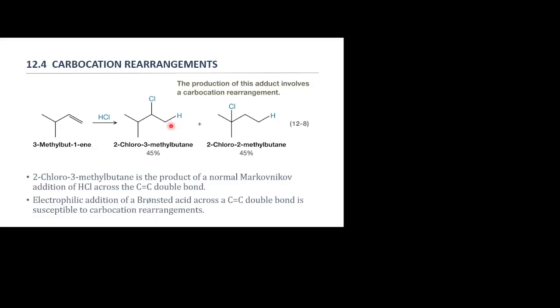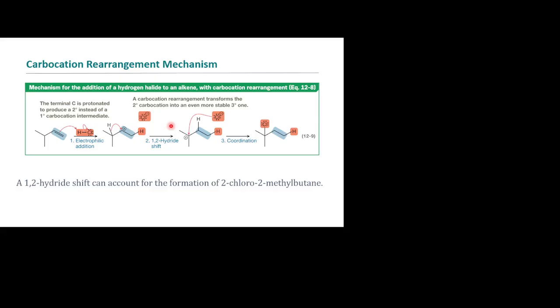So again, remember, you're splitting up your steps here. Okay, you have an additional step here. So you actually make the Markovnikov product first in terms of the carbocation. This is that Markovnikov product. If we had this chloride attack here, this would give the Markovnikov product. Okay, it's not the most stable carbocation you can get though.